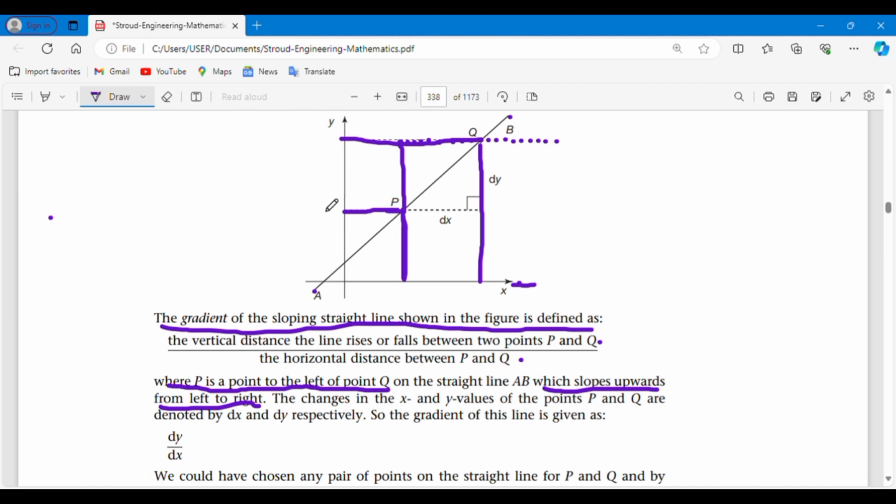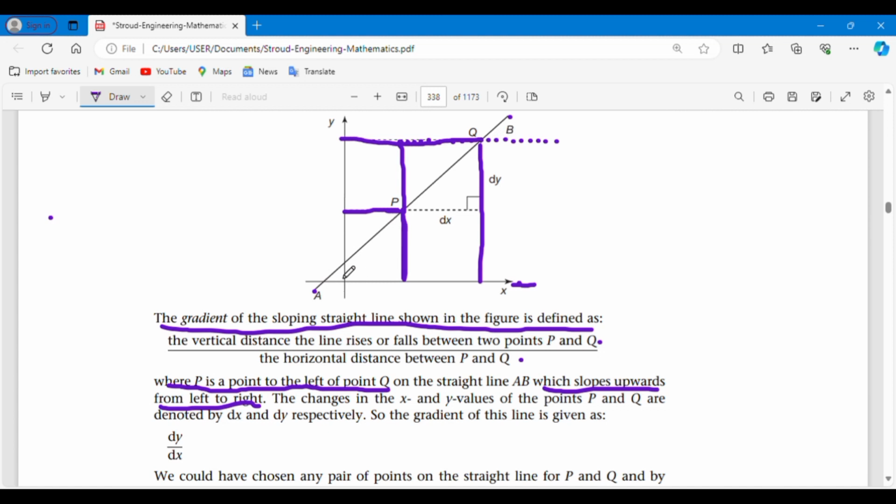Full stop. So the gradient of this straight line is given as, don't forget, let's interpret this. The vertical distance the line rises or falls between 2 points P and Q. Let's look at this line. The vertical distance is going up, right? As that thing is going up, it's changing in y value and also change in x value.